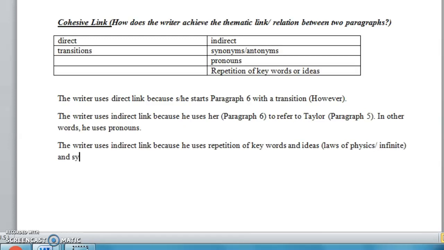And synonyms. So we have to put claim and say. Okay, that's it. So I have to explain, I don't say just repetition of words. I have to say what these repeated words are. Okay, this is as to cohesive link and how the writer achieves a thematic relation between two paragraphs.